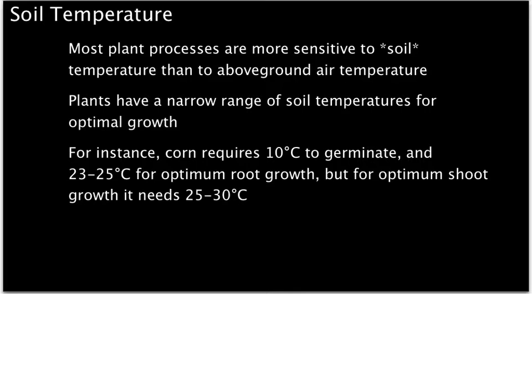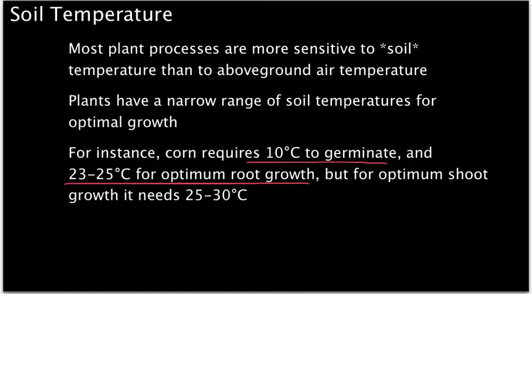So you can have something like corn. We have to have 10 degrees at least in the soil to germinate. That's about 50 degrees Fahrenheit. For optimum root growth, we need 23 to 25 degrees C, so we're getting into the range of 70 degrees Fahrenheit for soil.